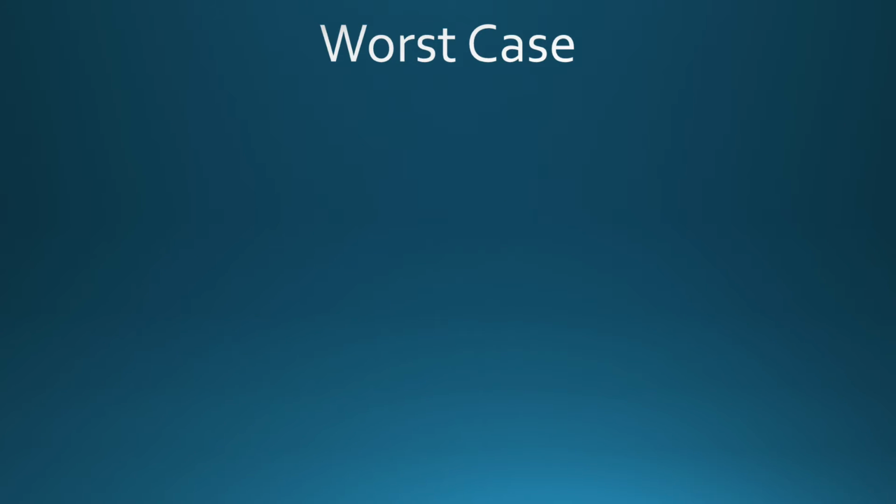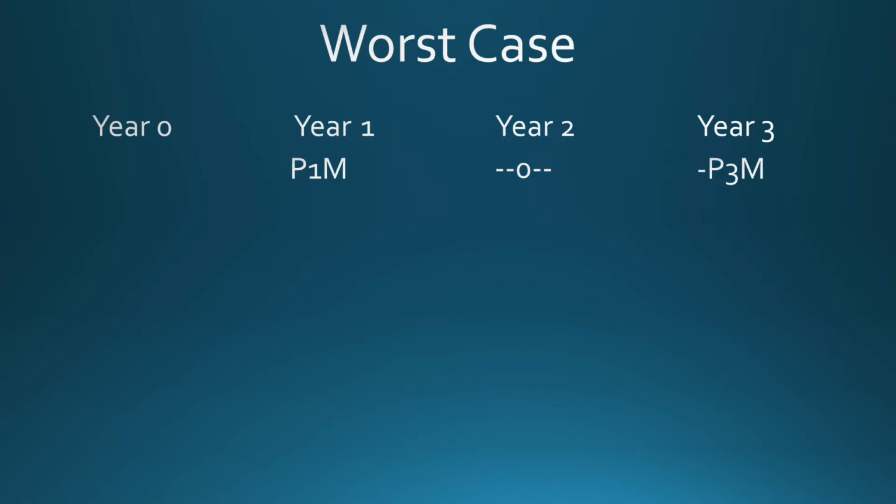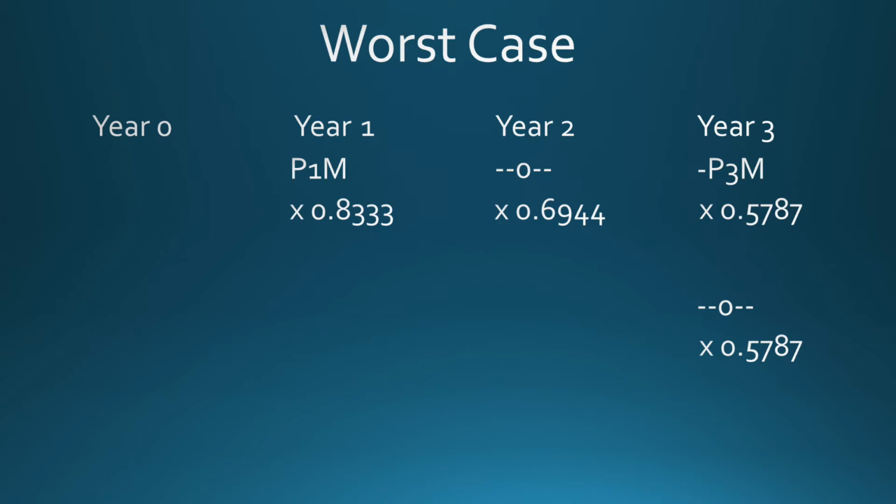Finally, we're going to do the same under the worst case scenario. For years 1, 2, and 3, the following cash flows are expected: 1 million, 0, and negative 3 million, with no exit price at the end of year 3. Use the same PV factors, the PV factors for 20% for years 1, 2, and 3.